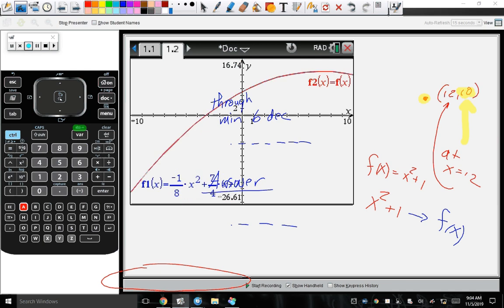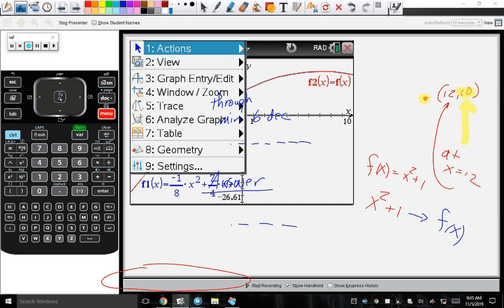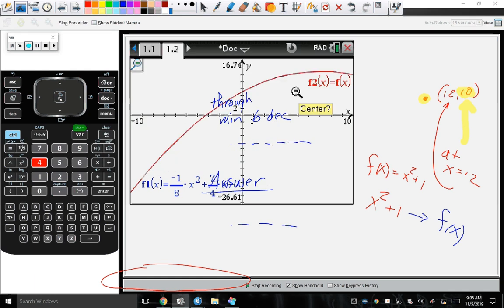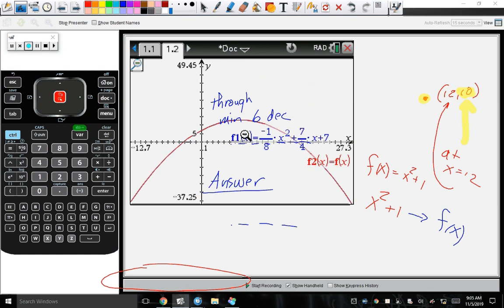That is needed and important. You with me? And then from here, you can zoom in and zoom out as far as where the vertex is. You know what I'm saying? Like, follow me. Here we go. Menu, zoom. You can zoom out by pressing 4. And let's put the center over here somewhere near the vertex or axis of symmetry. And it'll zoom out just a little bit. And it'll give you a good picture as far as the path of this ball. Go with me?